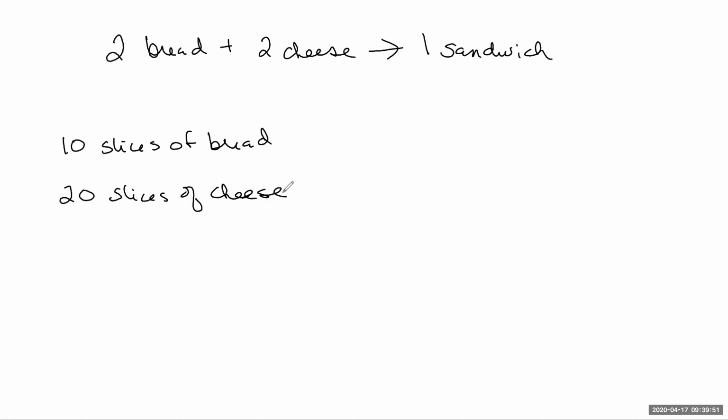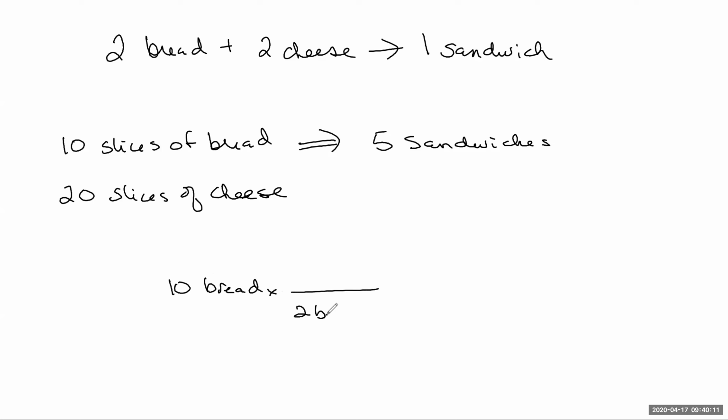Which one is going to limit how many sandwiches I can make? With 10 slices of bread, I can only make 5 sandwiches. I can use my coefficients to show that: 10 bread times 1 sandwich per 2 bread gets me 5 sandwiches.